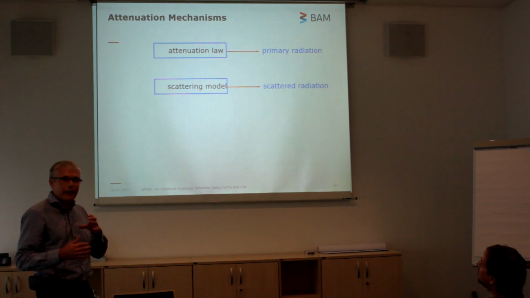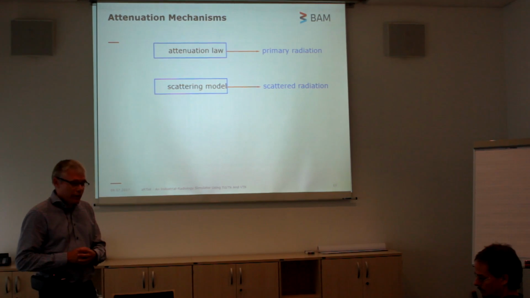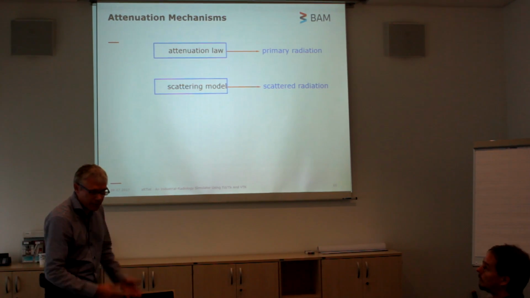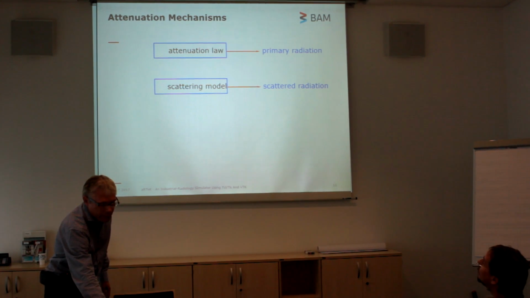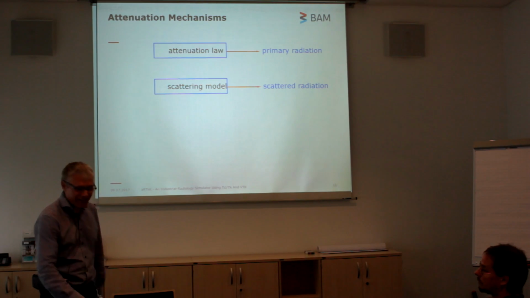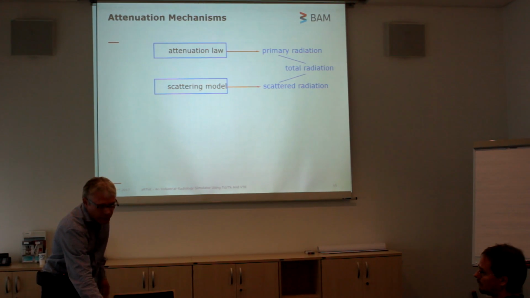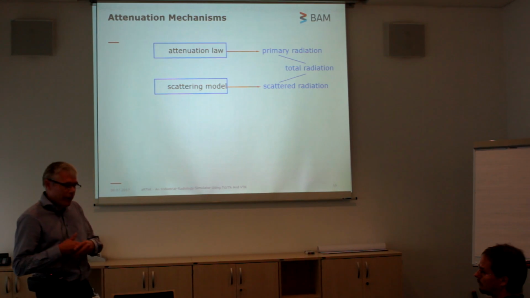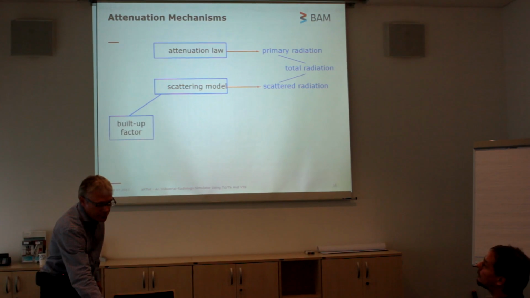But there are additional interaction mechanisms, for instance scattering and fluorescence inside the object that may disturb our nice shadow image. And to make a realistic simulation, we have to account for both contributions.